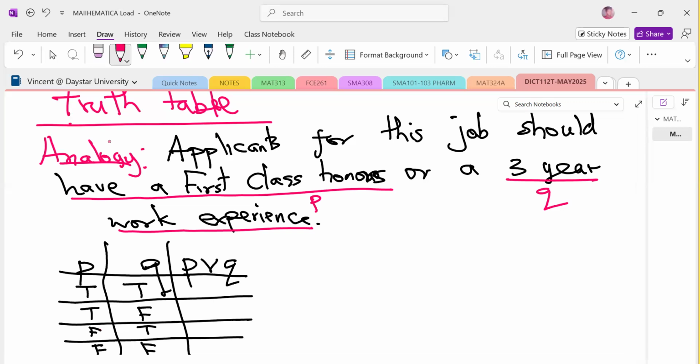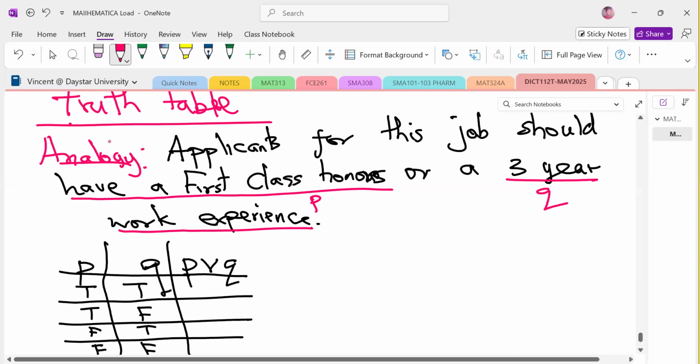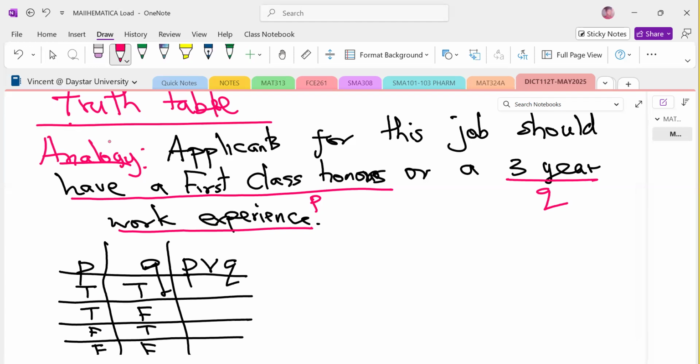Anything to do with the score in the degree, we call it P. And anything to do with work experience, we call it statement Q. Then T under column P will mean that the applicant has a first class honors. F under P will mean the applicant does not have a first class honors. Then T under Q will mean the applicant has a 3-year work experience. And F under Q will mean the applicant does not have a 3-year work experience.